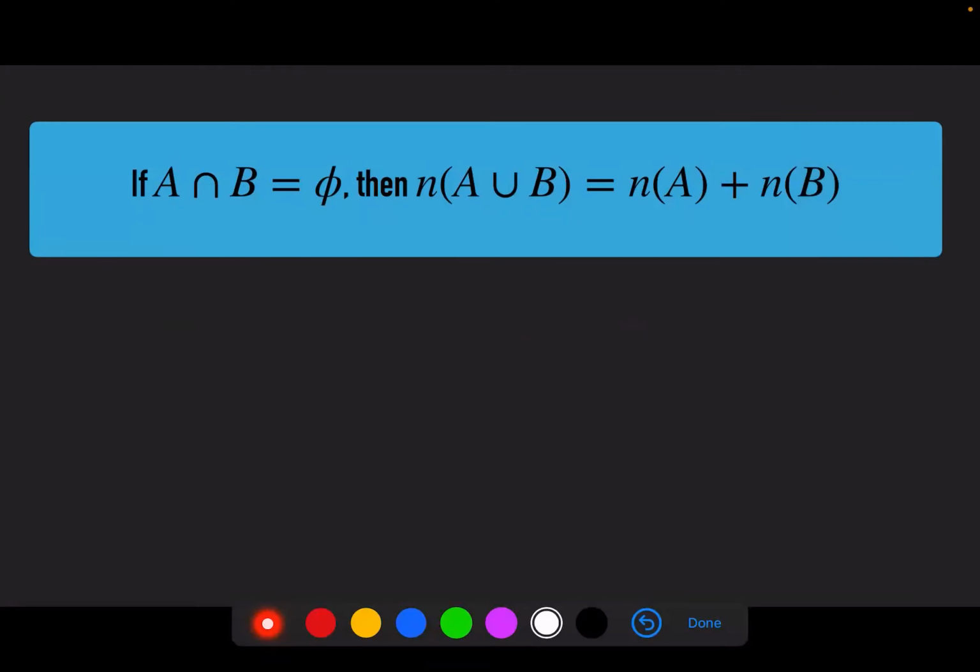Now let's understand this. Here, do you still remember what this means? N of A? Power set. N of A is power set. Harsha, what is N of A? What does N of A represent?